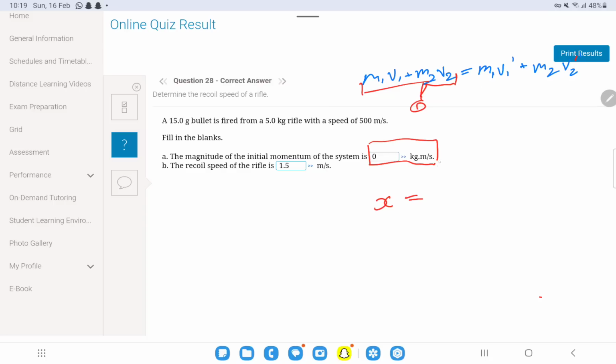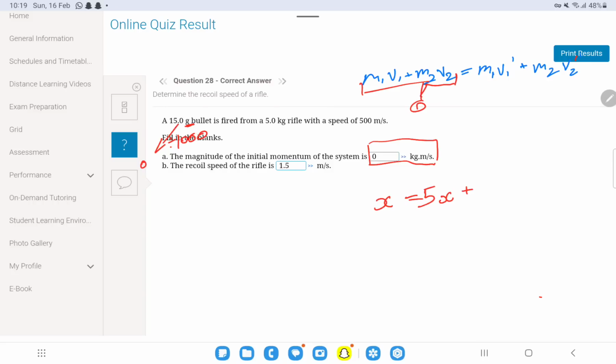and m1 v1 prime, m1 we're gonna put it the rifle, so 15 grams, 5 kilograms, and they want the speed of the rifle, so x, plus m2 v2 prime. M2 is the bullet and it's in grams, we divide by 1000 because we want it in kilograms, so it's 0.015.